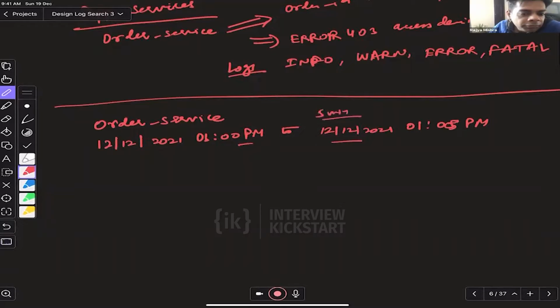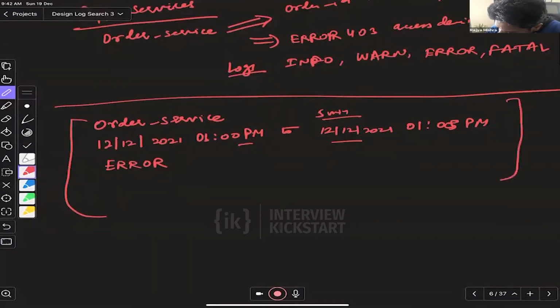And they can have more parameters also. Show me only those which have some kind of error. So there can be multiple dimensions to the search query here.